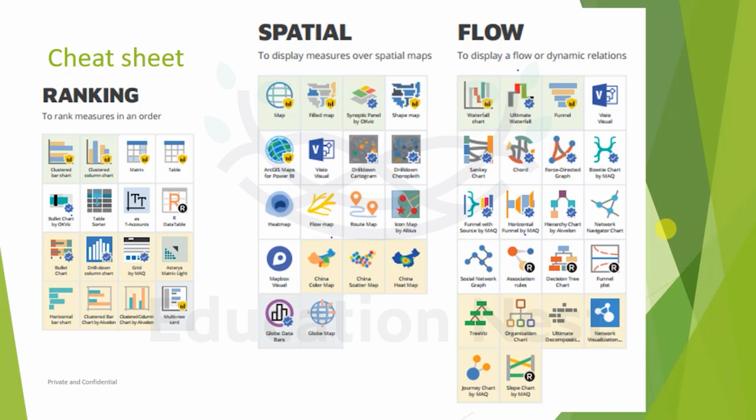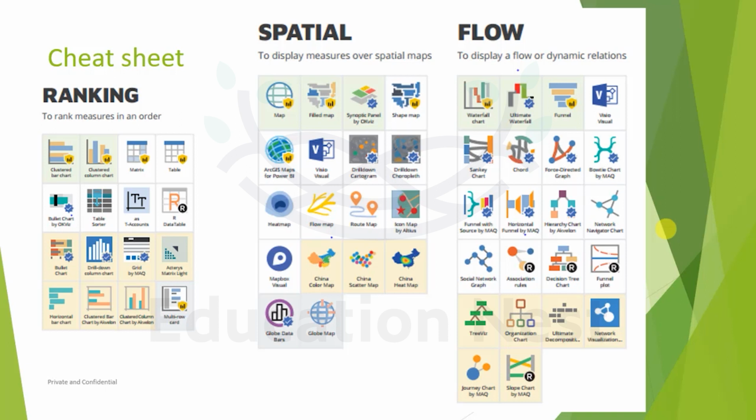As you see, these charts are available for usage, but it comes with a question which a designer or a developer has to answer: which chart is applicable to my current need? That comes from the business, as in a business would like to see some specific information, and if you analyze that information, you realize it falls in one of these buckets, like ranking chart, spatial chart, or a flow chart.